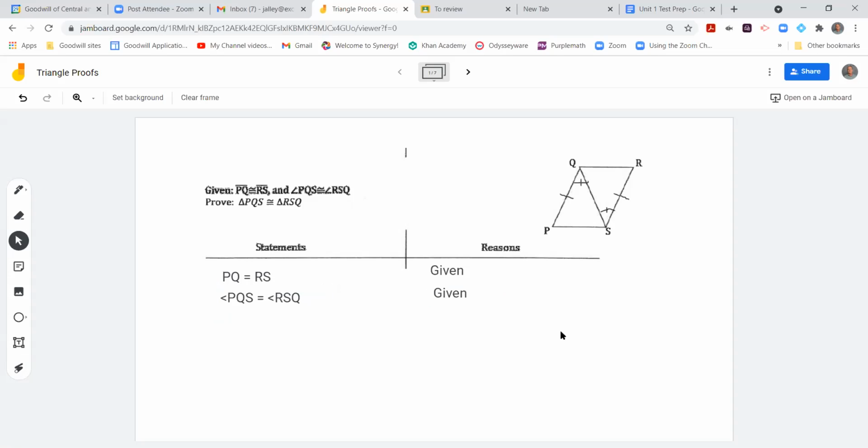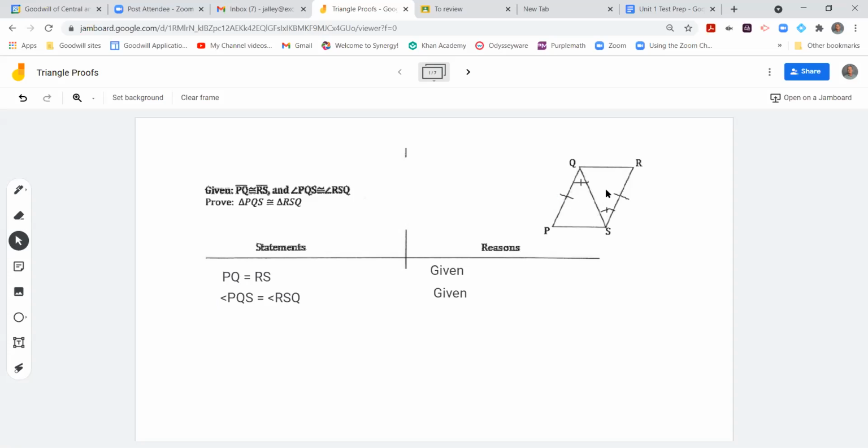Once you start looking at these things and identifying the parts that are congruent based on the information you're given, you can probably visualize the proof you're going to end up using. Because I've got a side and an angle. If I have another side on the other side of that angle, then I can show side, angle, side.